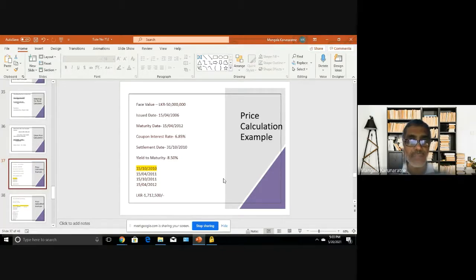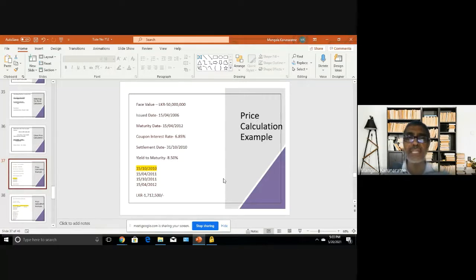Now I was explaining simply. Apart from this calculation, if you happen to purchase this bond and you see it in the market, don't think of the net present value and all this calculation. You have some attributes of the bond and you have market data with you.